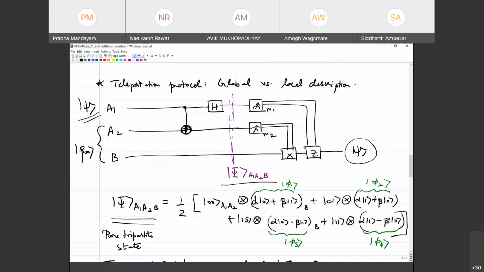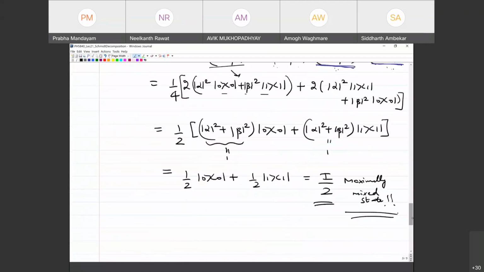But if those measurement outcomes are not revealed, then B only has as much information as if he simply had a maximally mixed state of a single qubit in his lab, which basically has no information, right?